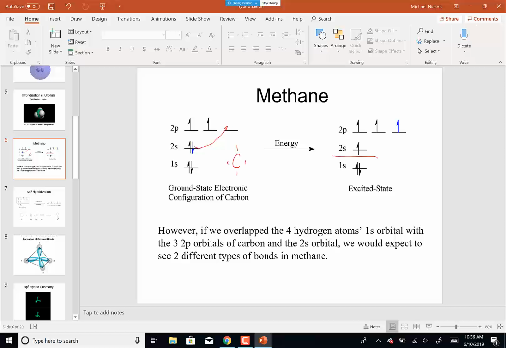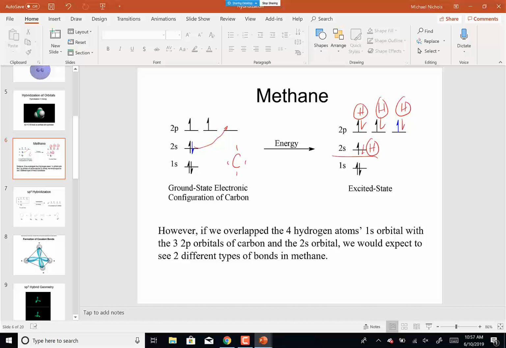So now I'm going to take my hydrogens and I'm going to say, okay, I'm going to bond the 3 p orbitals of the carbon with hydrogen 1s, and I'm going to do the same thing with the 2s. And so now I'm going to make my CH4, except I now have a second problem. My second problem is, of those 4 bonds, one comes from 2 spherical orbitals overlapping, and the other 3 come from a dumbbell-shaped orbital overlapping with a spherical orbital.